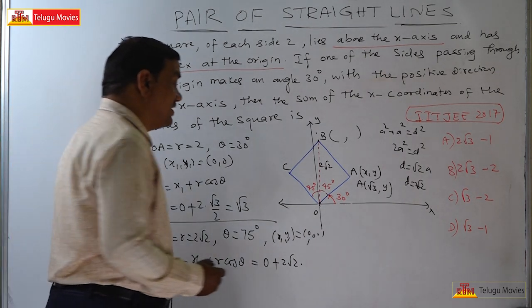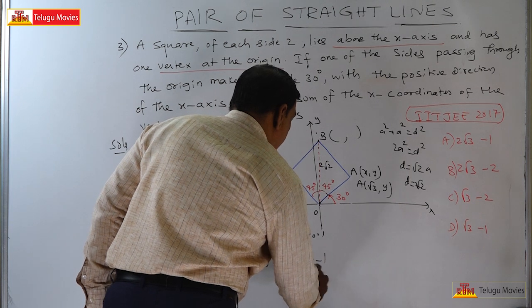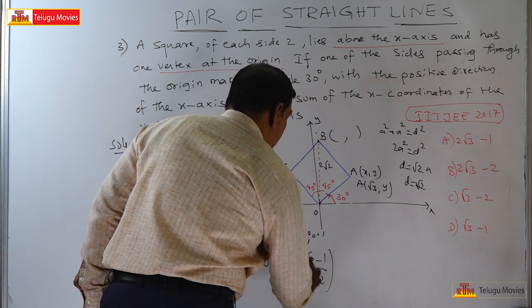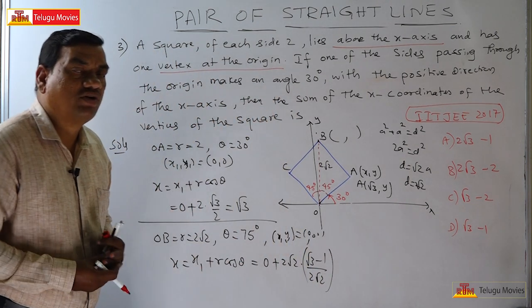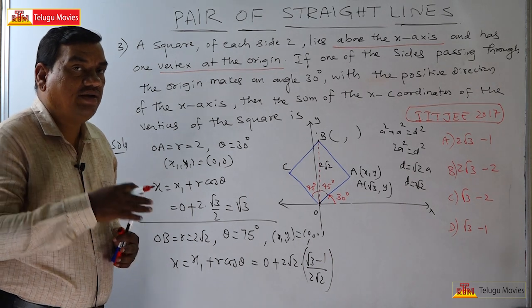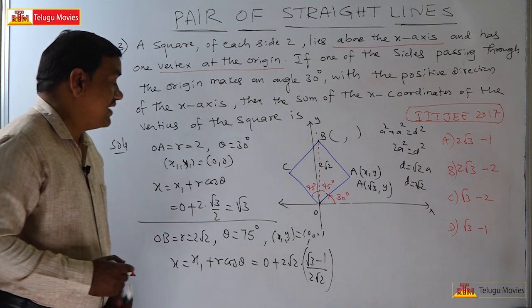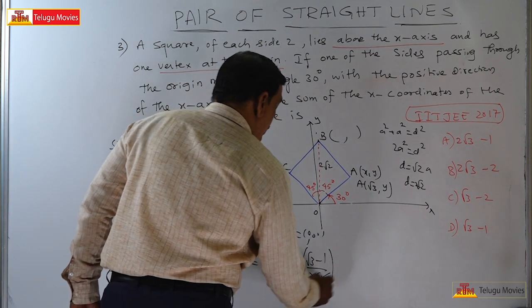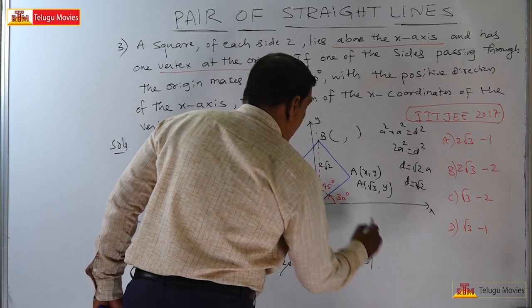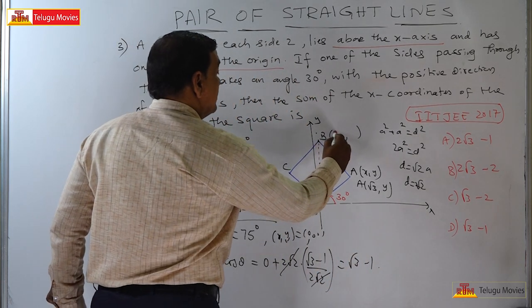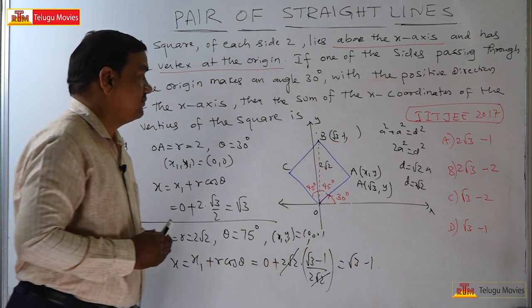Cos 75 you can calculate as cos of 30 plus 45, which is root 3 minus 1 by 2 root 2. So, the 2 root 2 cancels, and the x coordinate is root 3 minus 1.